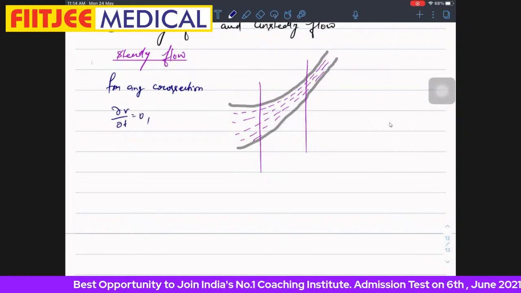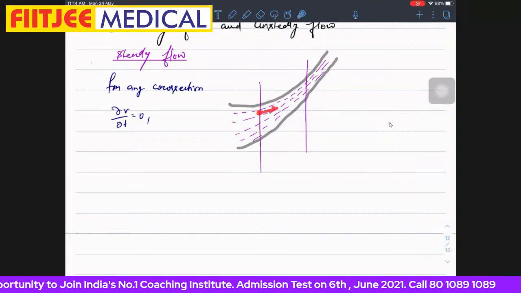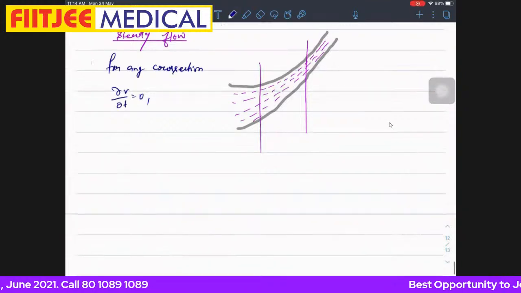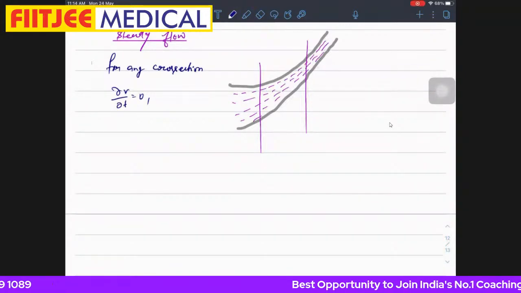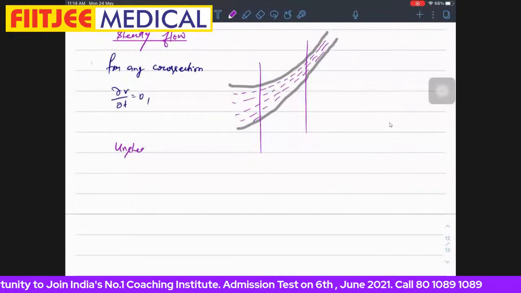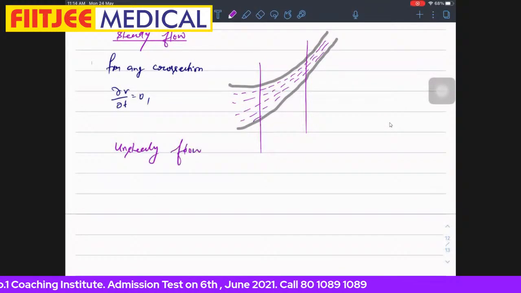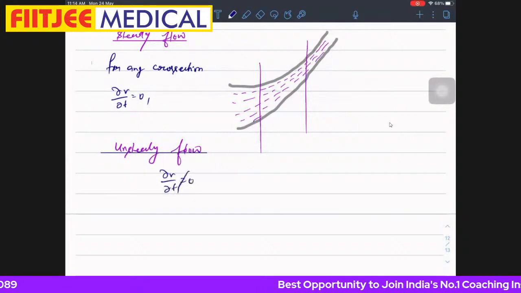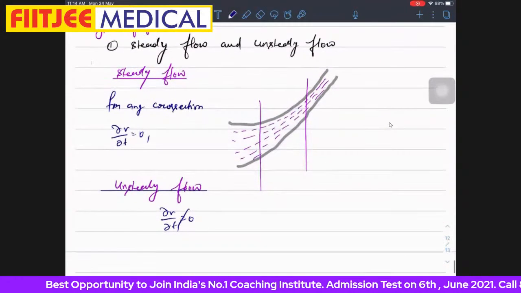It means any particle coming here will have the same velocity. It may have a different velocity here, but at any cross section, with respect to time, there won't be any change in velocity or any other parameter. And for unsteady flow, del v by del t won't be equal to 0. This is the difference between steady flow and unsteady flow.